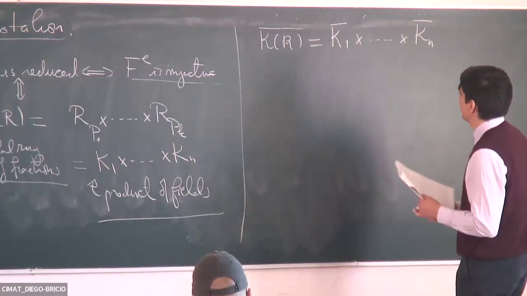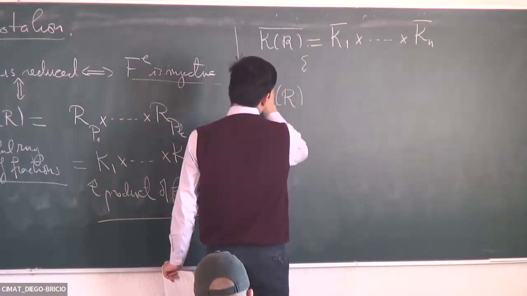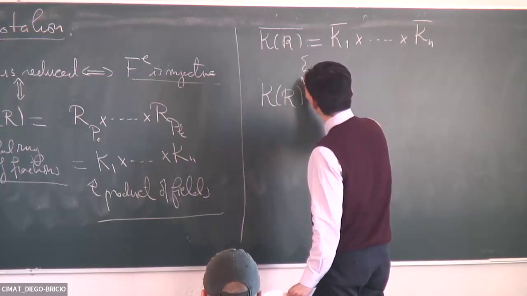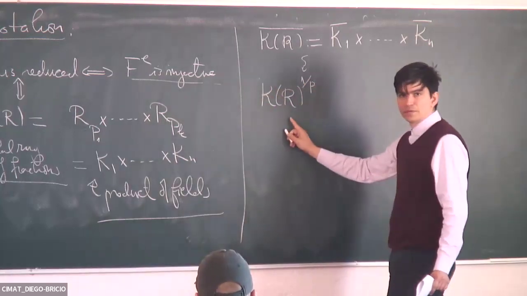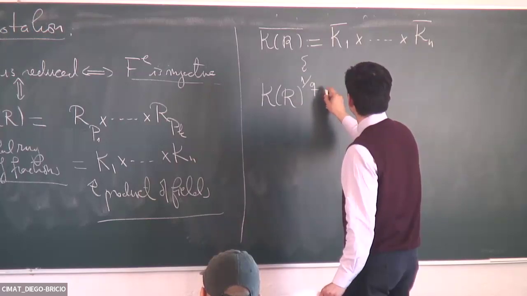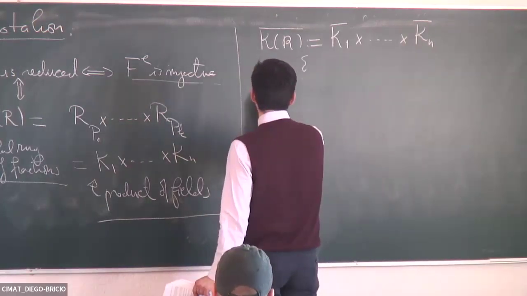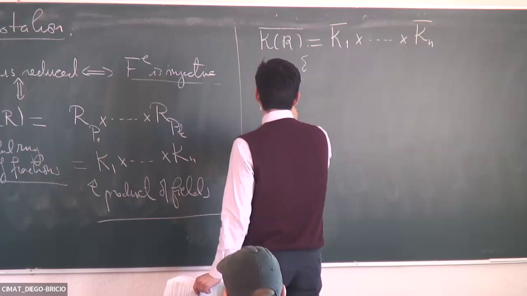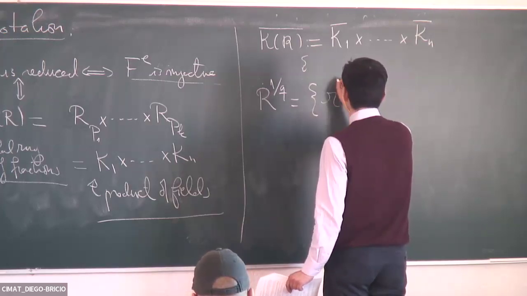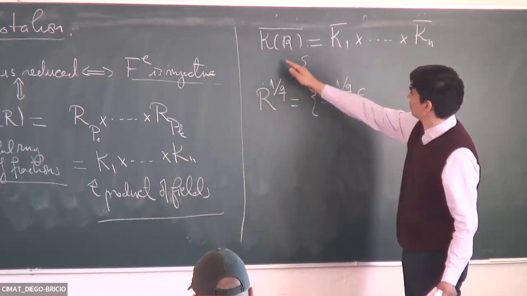Right, and so inside here, this implies that we can define the p roots of this ring, or let's say the q roots. Then what this lets you do is define the q-th roots of R, and what you do is extract the q-th roots of R component by component here.